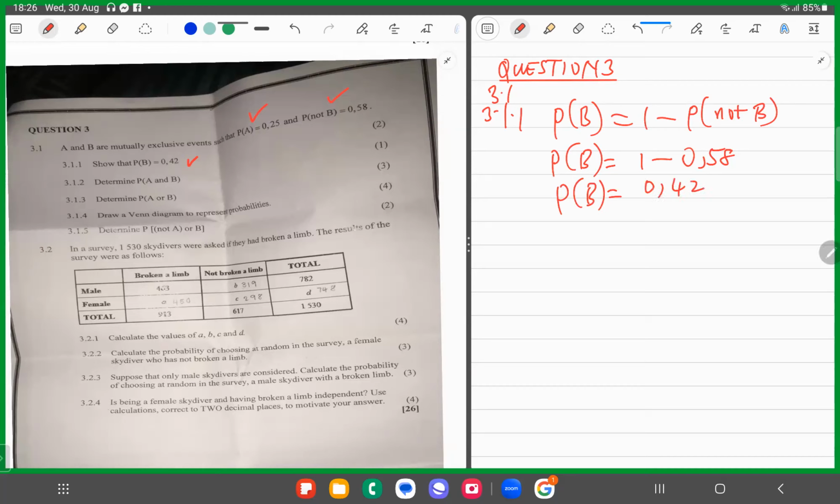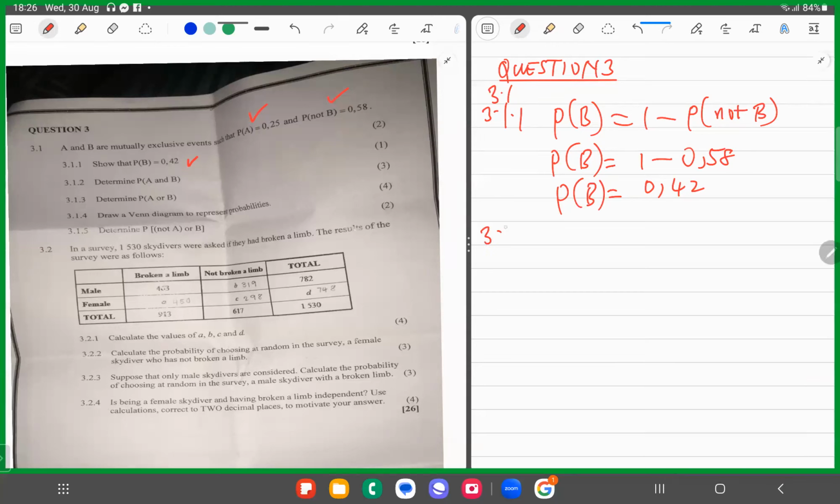So the probability of B is 0.42, as the examiner wanted us to show.